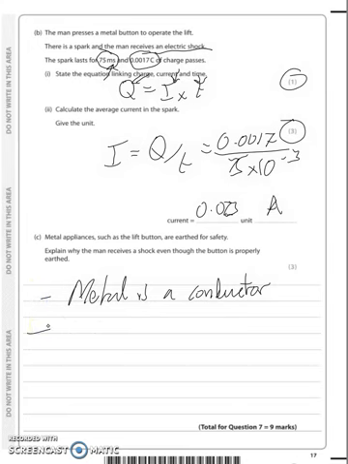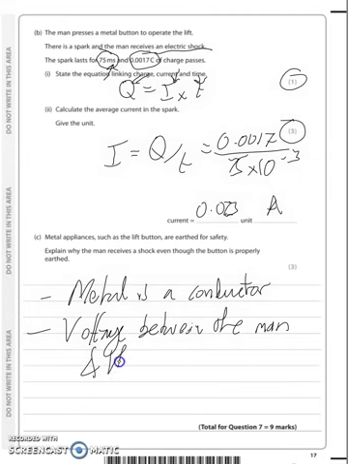The only time you're going to get a flow of electrons is if there is a voltage or a potential difference between the man and the button. It just told us that the man has a charge, but the button is earthed, so it doesn't have a charge. So if he has a charge and the button doesn't, there's a potential difference or a voltage between those two. And if there's a voltage, you're going to get a flow of electrons.